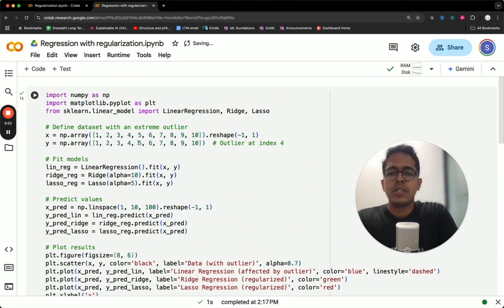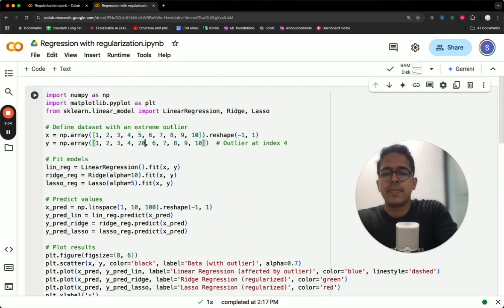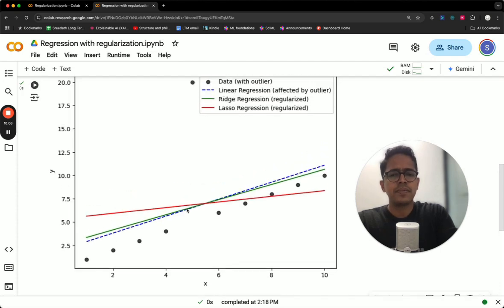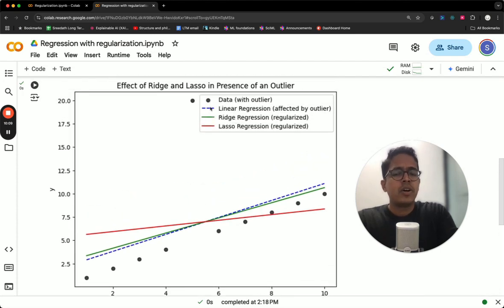So imagine now this was maybe 20. The ML model that you're using should not try to change its values just because of the presence of this 20, because that 20 is clearly an outlier. See what's happening. Because 20 was present, the slope of this line increased a little bit.